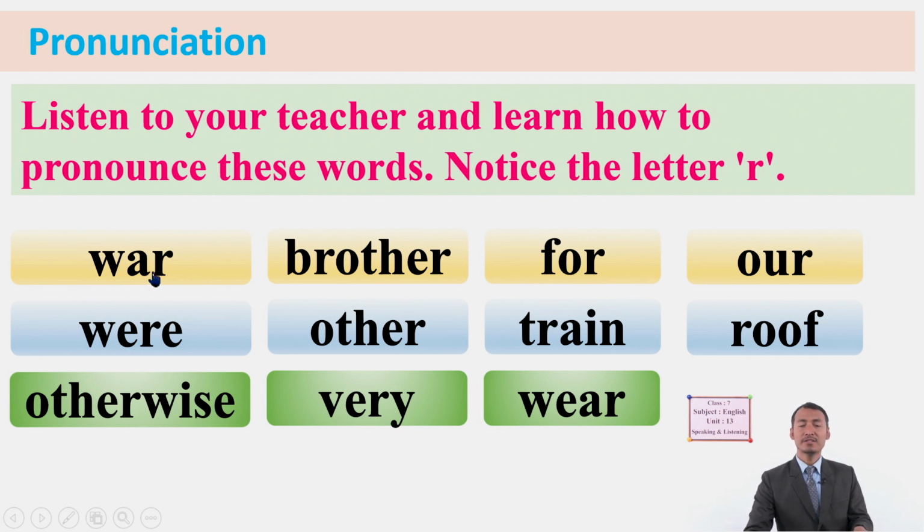Sometimes when it is at the end of the word, for example were, we don't have the R sound clearly pronounced at the end of this word. Another example is brother. At the end of this word we have the letter R and the R sound is not pronounced here.